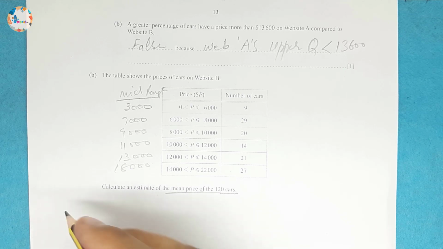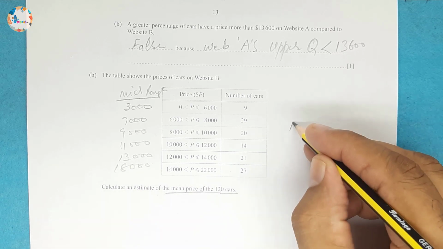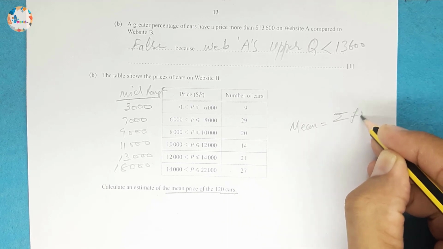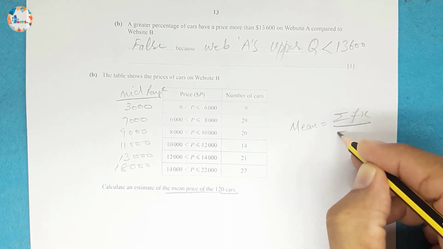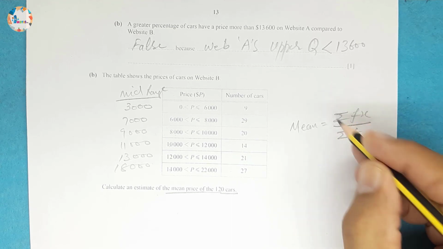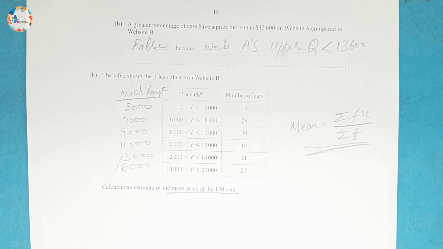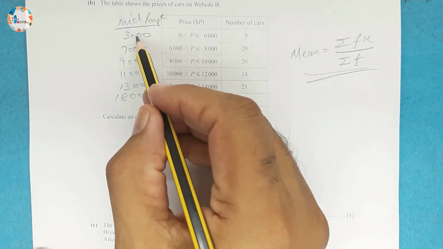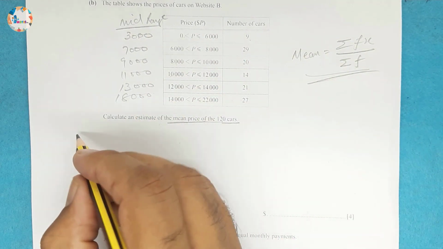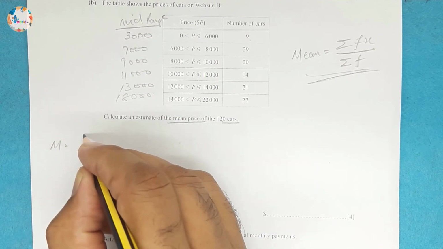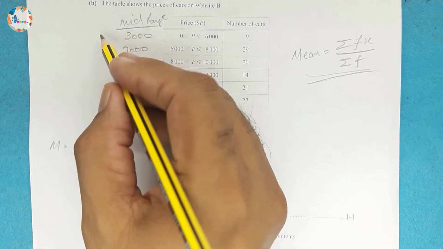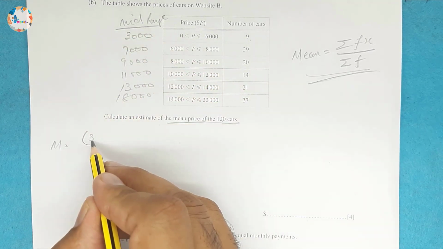Now we have to calculate the mean, and formula for mean is what? Mean is equal to sigma fx over sigma f. So this will be the formula which we will be applying. Multiply each midpoint by frequency, so mean is equal to, first 3,000, we will write in thousands, so I will write 3 here.